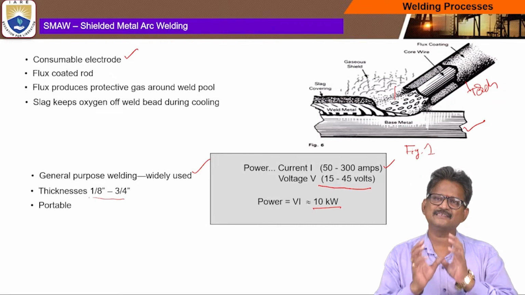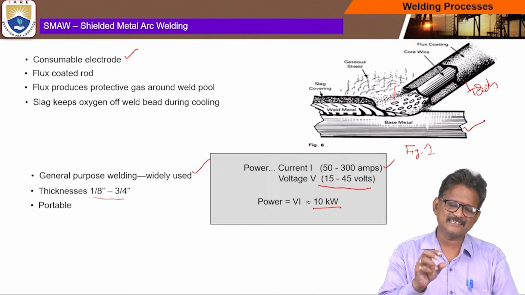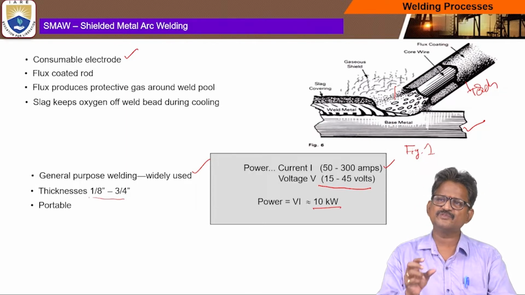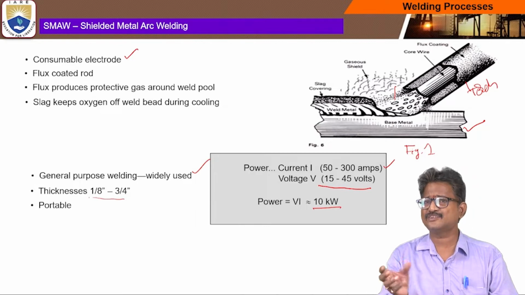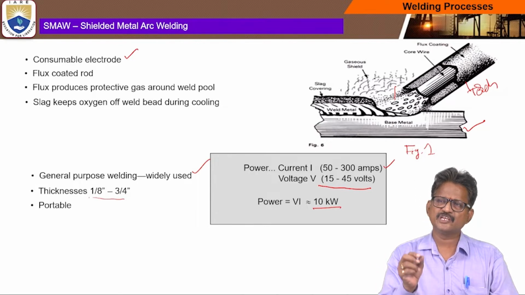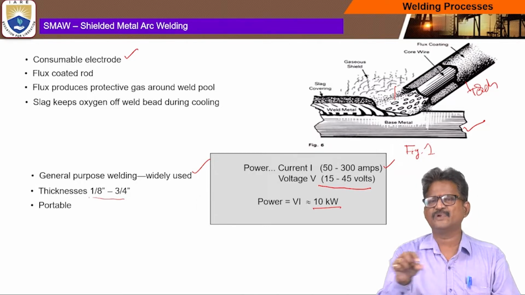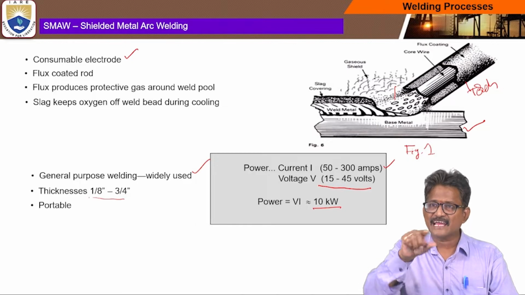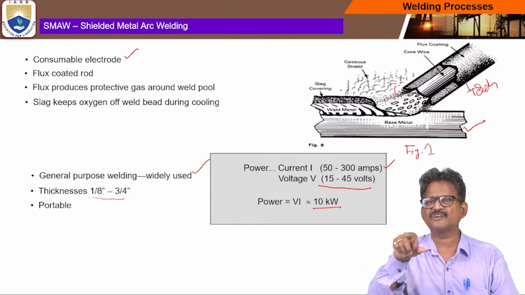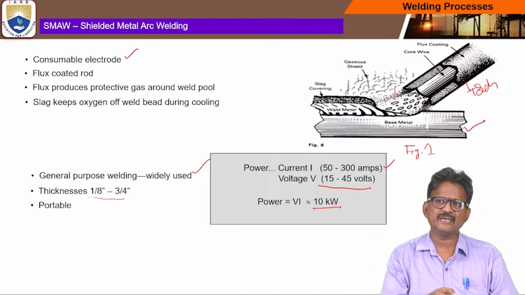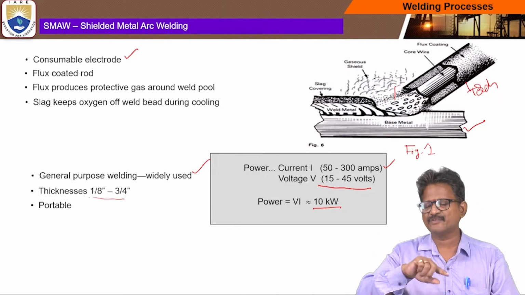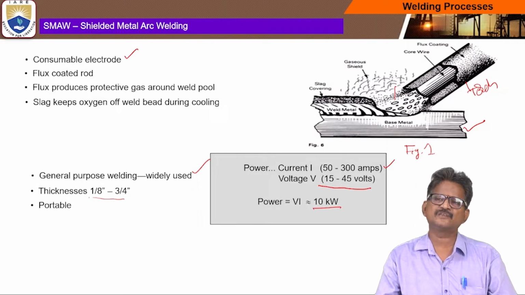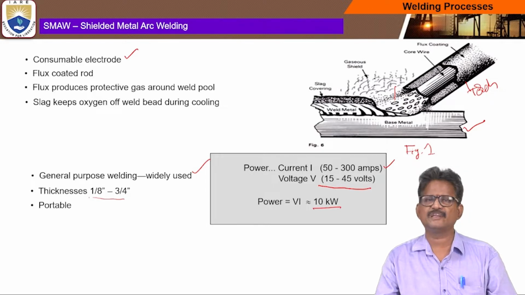So this is simple information regarding shielded metal arc welding. From the examination point of view, the student should be able to draw a line diagram; there is no need to draw a three-dimensional diagram. You can draw one simple base metal and weld metal above it with the slag covering, and a gaseous shield like a flower shape, and there will be a core wire covered with the flux coating, so that cooling can be done to get a quality welding process.